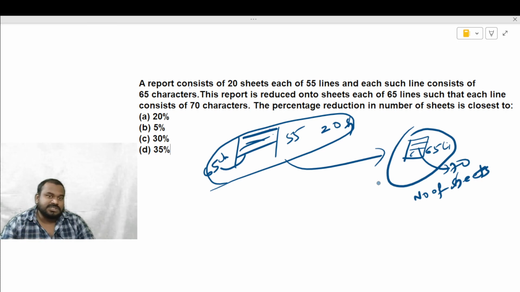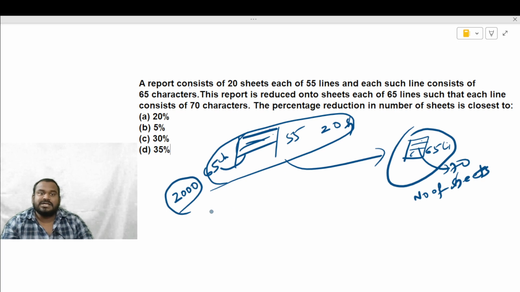But there is one strategy. Whatever content is there in report one, the same content should be replicated onto the second set. The same number of characters will be there. Suppose 20,000 characters are in this set, the same 20,000 should appear here.